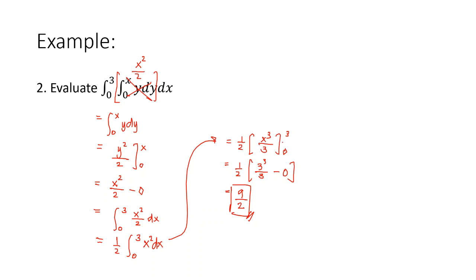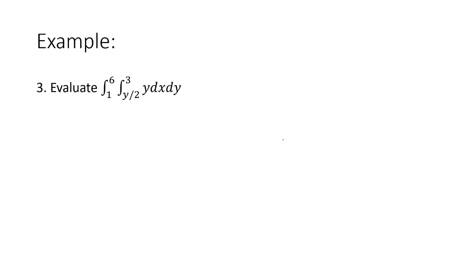Okay, next example, we have evaluate the integral from 1 to 6, y over 2 to 3, of y dx dy. Isolating our integrand, our equation is y dx. Since we are integrating in terms of x, meaning to say y is constant, we can put that out.